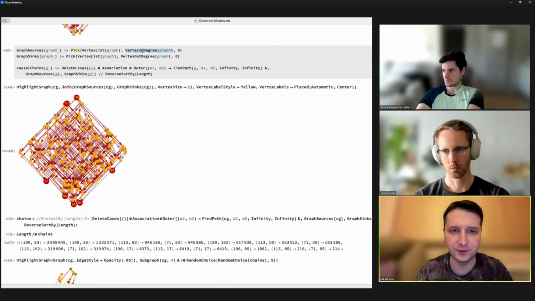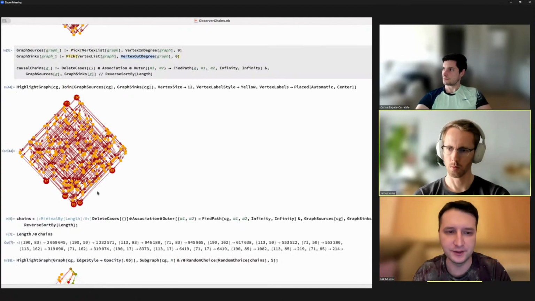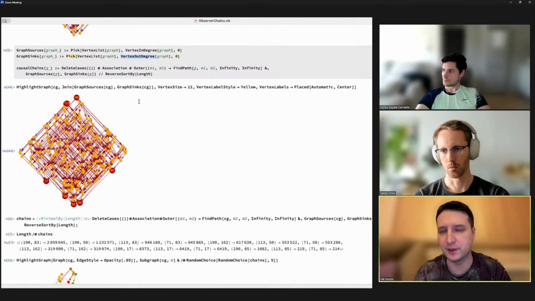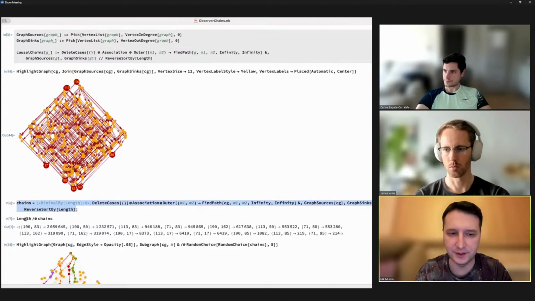Sources are those vertices that have in-degree 0, basically they have no ingoing edges, and sinks are those that have out-degree 0, that have no outgoing edges, right? This is all the sinks, this is all the sources that you can just extract for arbitrary graphs, and then you can just find all the paths between them, and that's what these chains here quantify, right?